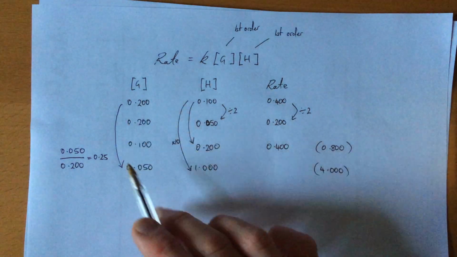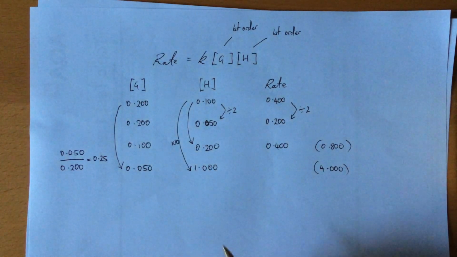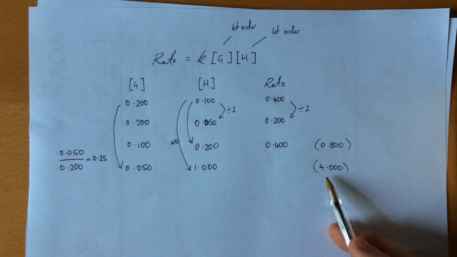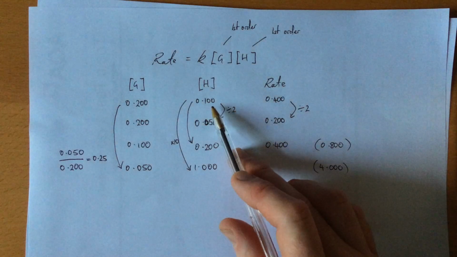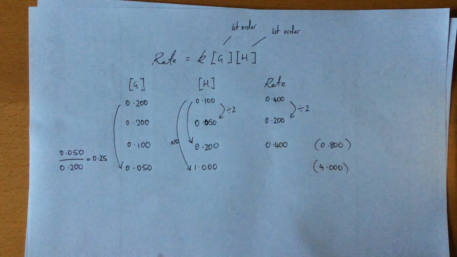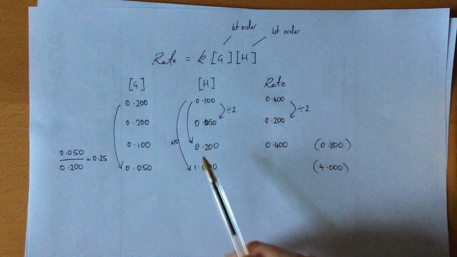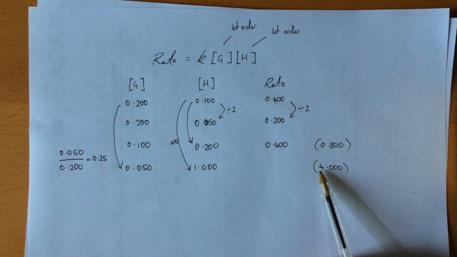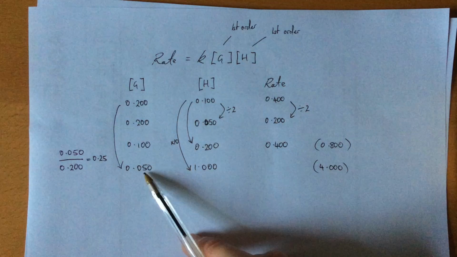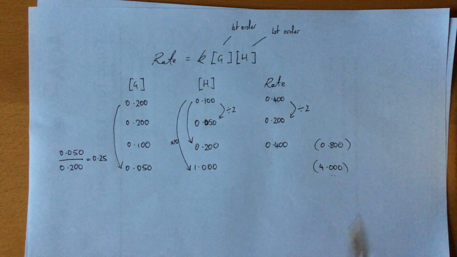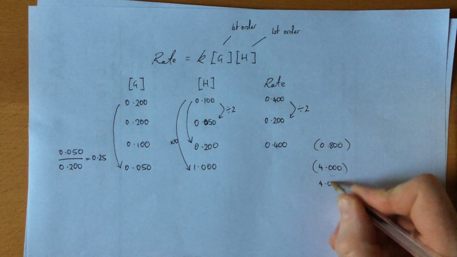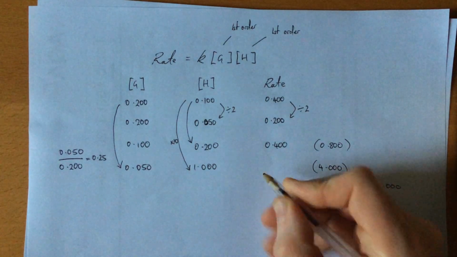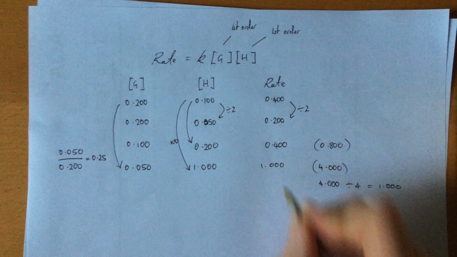So G has been divided by 4. That means this rate must also be divided by 4. Let's just go over this again, because it starts getting complicated. H multiplied by 10, so the rate multiplied by 10. G divided by 4, so we need to divide this rate by 4. So 4 divided by 4 is 1. So the rate that we would expect is 1.